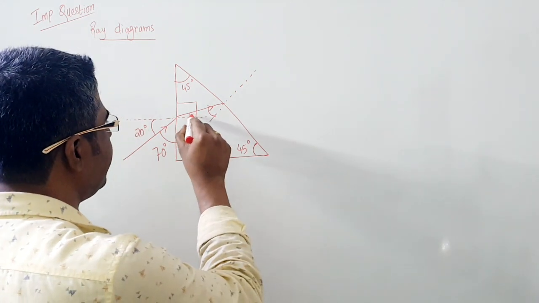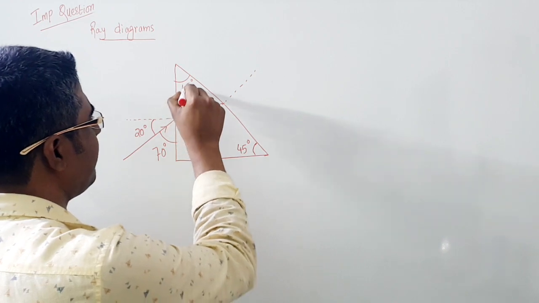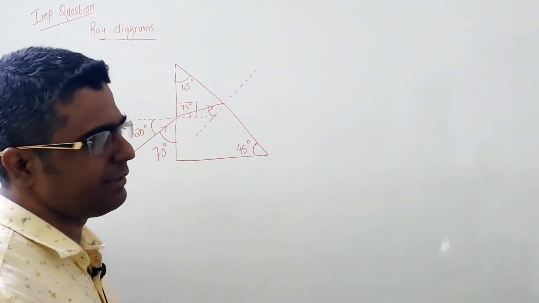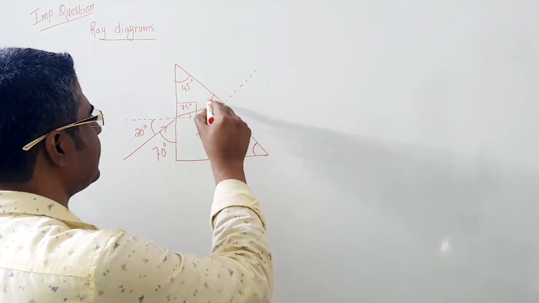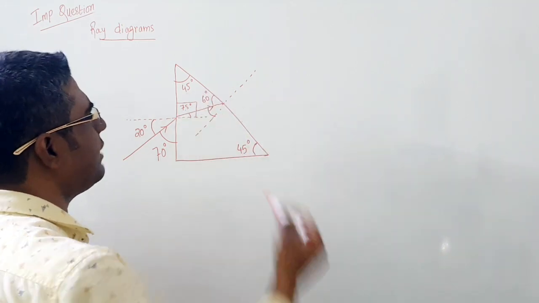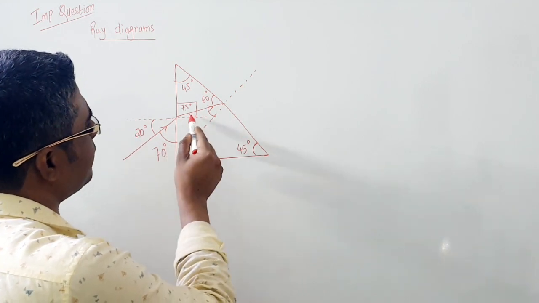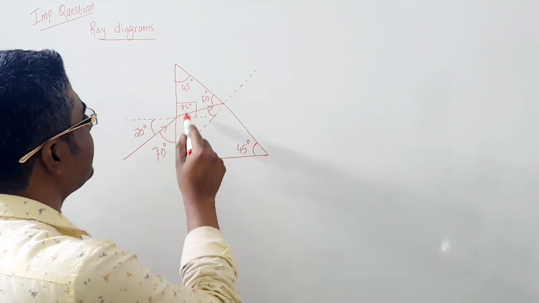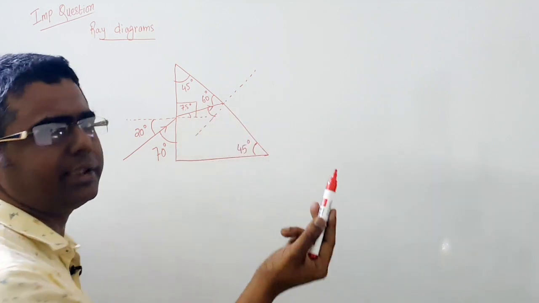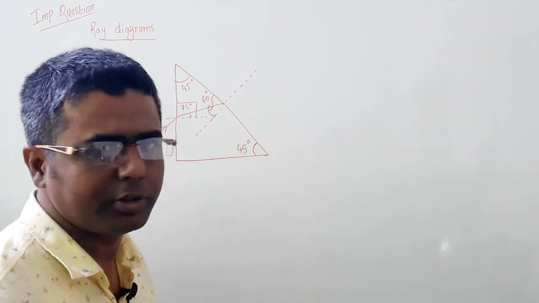If this is 15 degree, then this will be 75 degree. If this is 75 degree and this is 45 degree, so 75 and 45 is 120 degree and this will be 60 degree. There won't be much of a difference in these calculations, because even if you take 20, if you take 10 degree, it will not matter much for me. I have taken 15, you are taking 10, that's it. So 60 could be 65 or 55, not more than that.